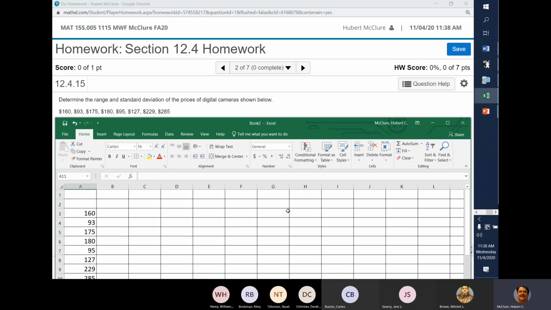Okay, hopefully everybody sees that. I'll move it up now. And I got rid of this. Okay, let me check it. 160, 93, 175, 180, 95, 127, 229, and 285.